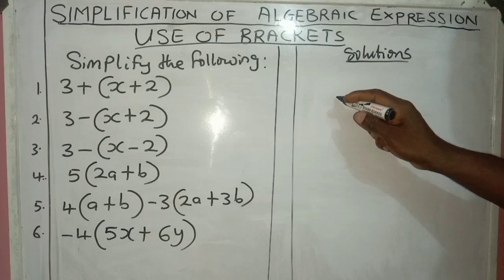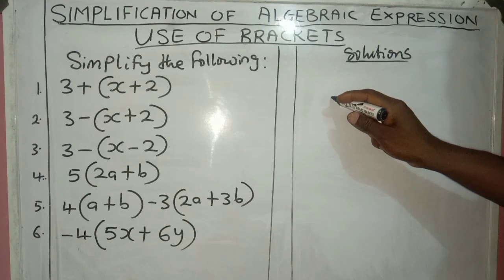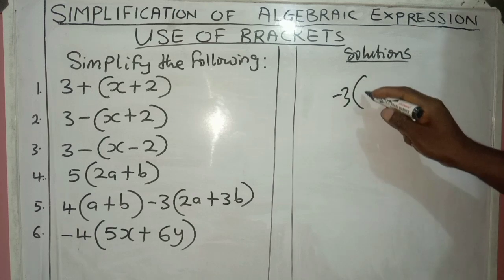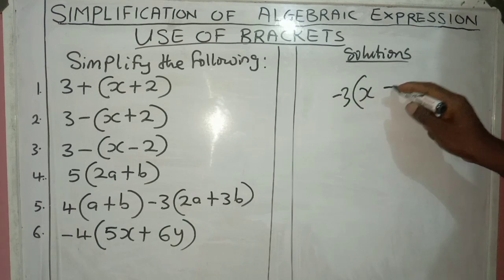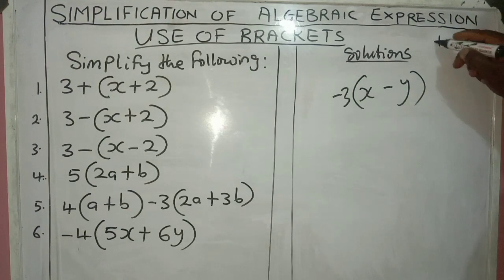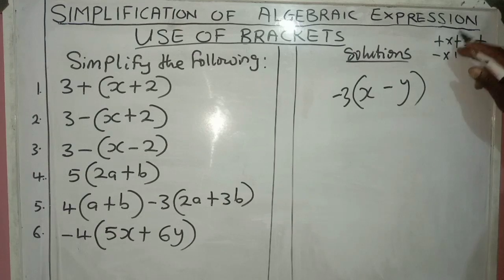If we have, for example, minus 3 bracket x minus y. Remember what I showed you previously? Plus multiplied by plus gives us plus. Minus multiplied by minus gives us plus.